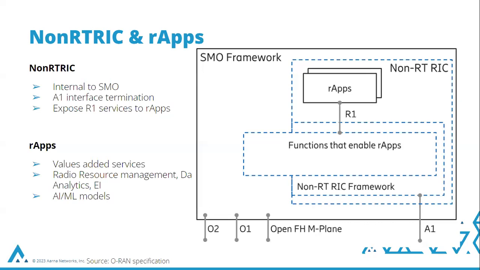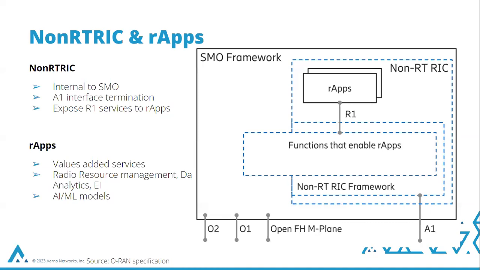Let's discuss the rApps. rApps are primarily value-added services, meant for RAN optimization and efficient radio resource management. It can be an AI/ML model or any application. So rApps interact with the SMO/Non-RT RIC via the R1 interface, where the R1 interface primarily defines the standards for how rApps have to be written.